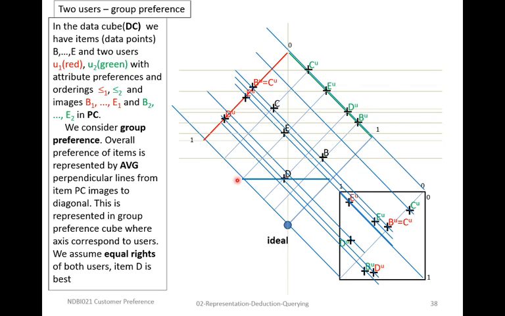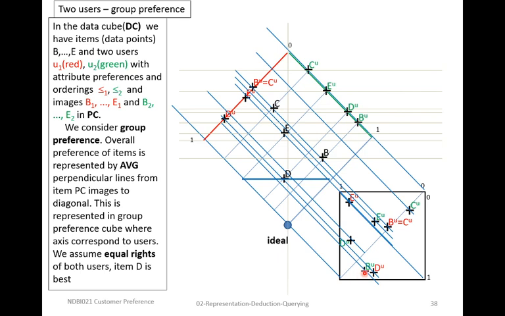So this is the equal rights contour line deciding between these two users, and so the item D is probably the one on which they could agree, and there are no conflicts with some other.